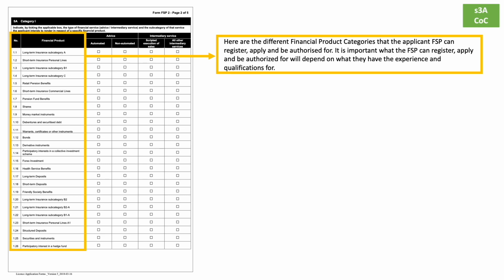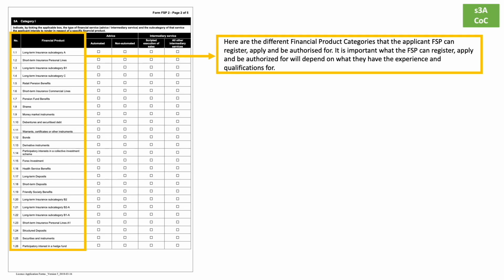You will see in Task 8 how important it is to evaluate if a representative is fit and proper before being appointed, because they also must meet those requirements of experience and qualifications per category, subcategory, and products.